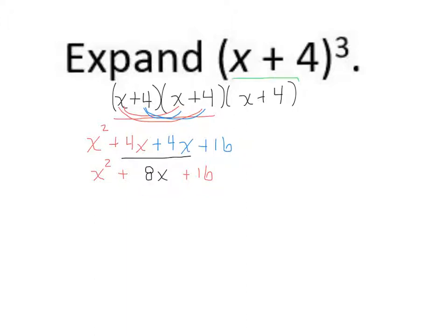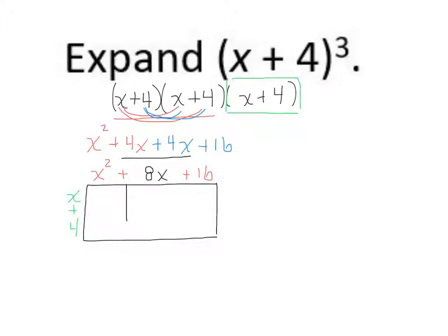And I'm going to show you another way to picture this. We're going to take this x plus 4 that's remaining, and we're going to put it down the side here. And what I'm going to do is make a little rectangle, and separate out the parts of each of my polynomials.